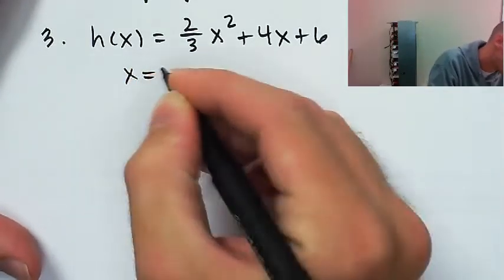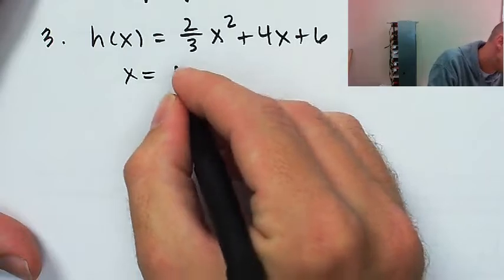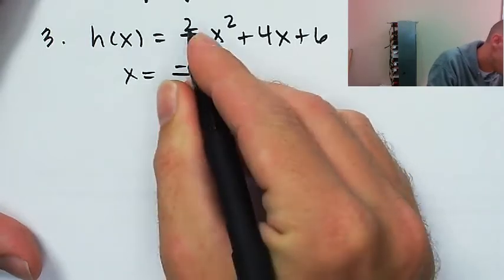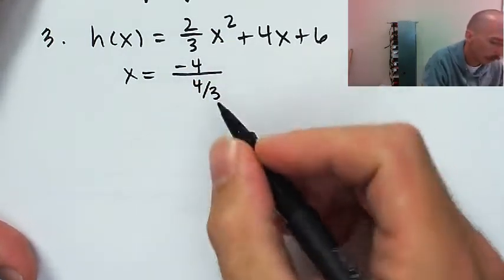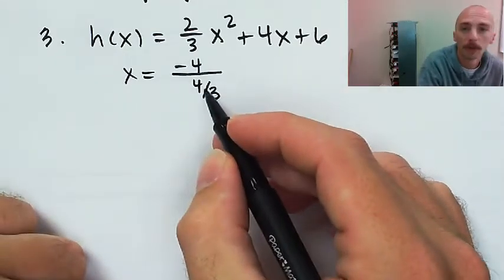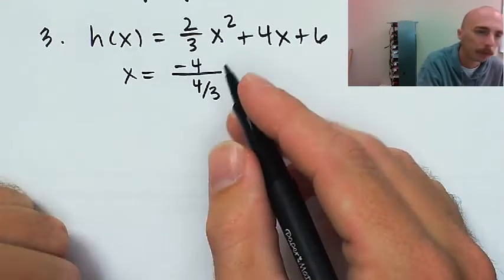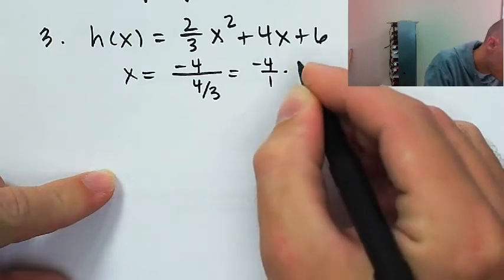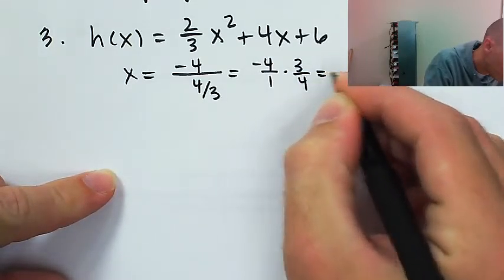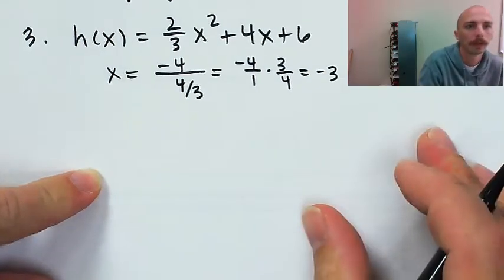So the x-coordinate of the vertex is negative b over 2a, and 2 times 2/3 is 4/3. Now if I take negative 4 and divide by 4/3, it's like multiplying by 3/4. So negative 4 times 3/4 is going to be negative 3.